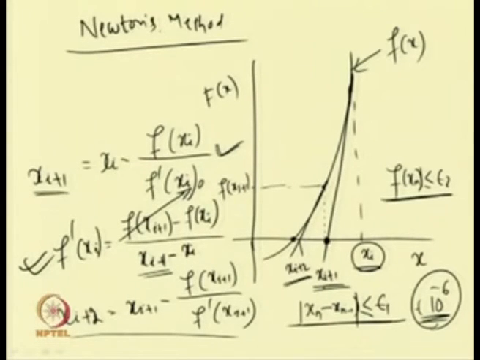So, one can either use this method of bisection, method of false position, Newton's method, or one may use the second method also. In case of the second method, instead of using the straight line, one can use a quadratic polynomial here.